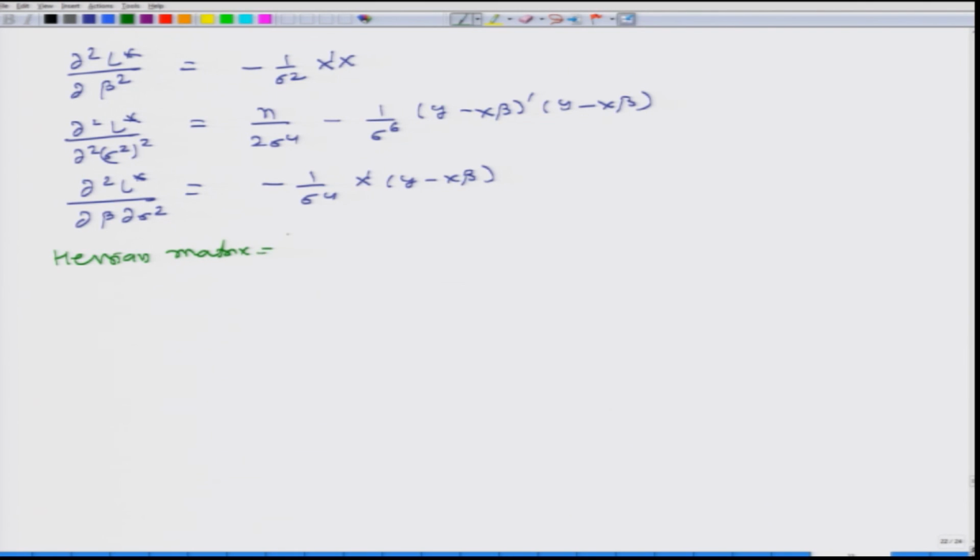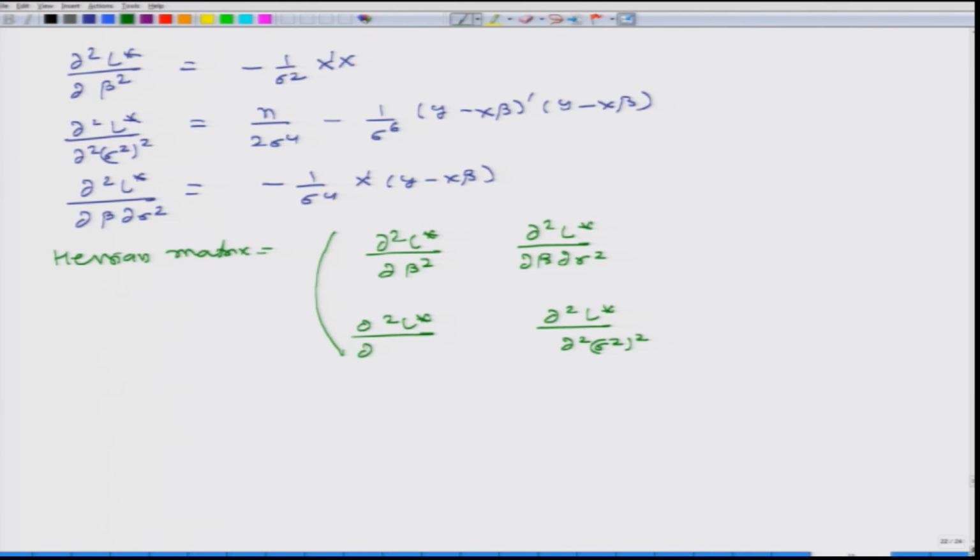And then I can write down the Hessian matrix as the partial derivatives of L star with respect to beta square, with respect to beta and sigma square, and with respect to sigma square, and so on. And then I obtain its value at beta equal to beta tilde and sigma square equal to sigma square tilde.